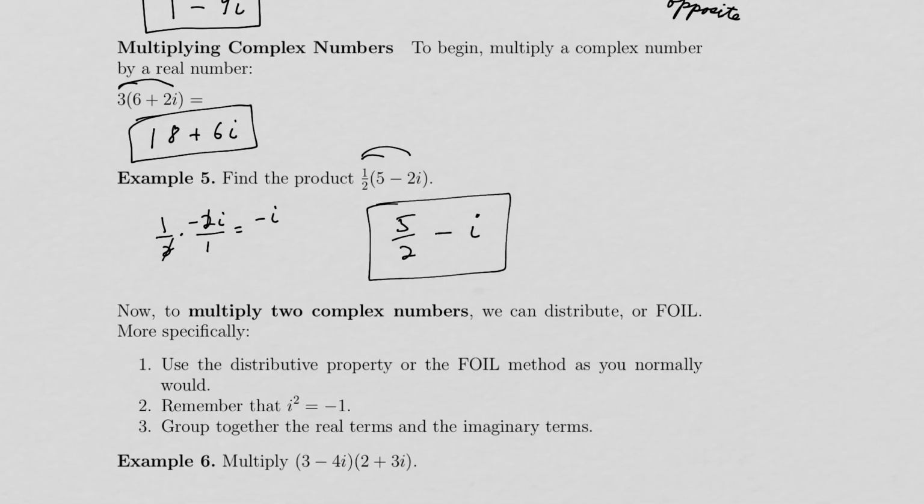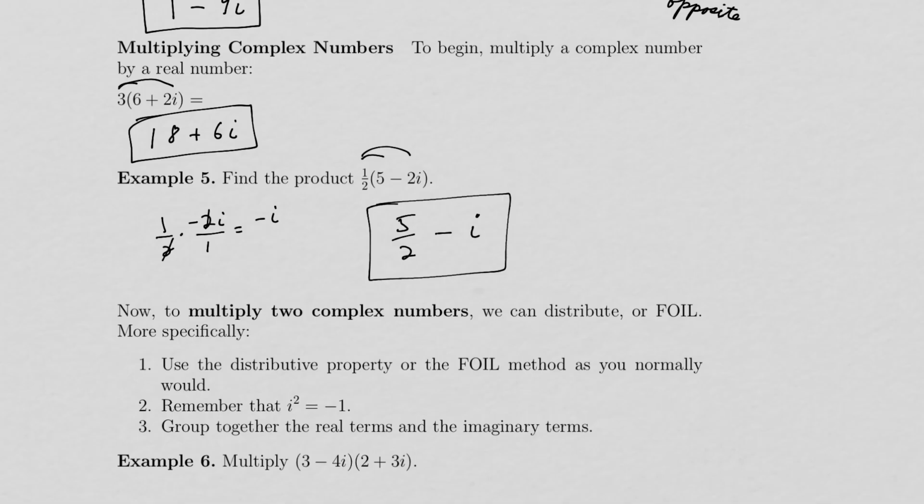Okay, what if we want to multiply? So that was just a real number times a complex number, right? What if now we want to multiply two complex numbers together? Basically, we can do this by foiling, right? It's similar to foiling because it's 2 terms times 2 terms.